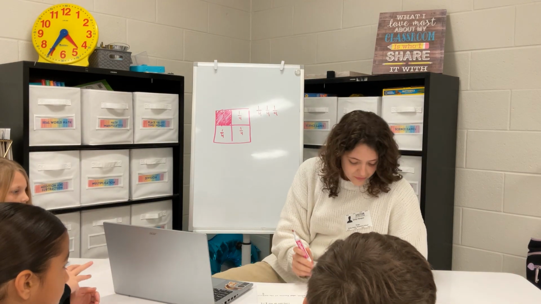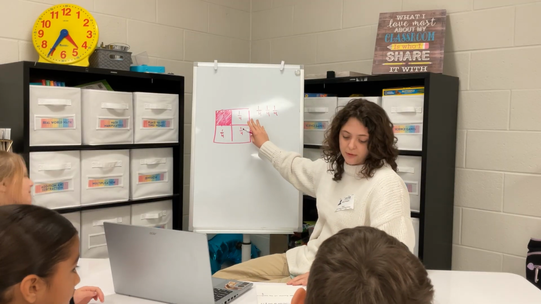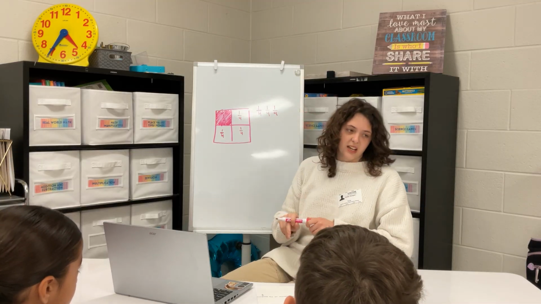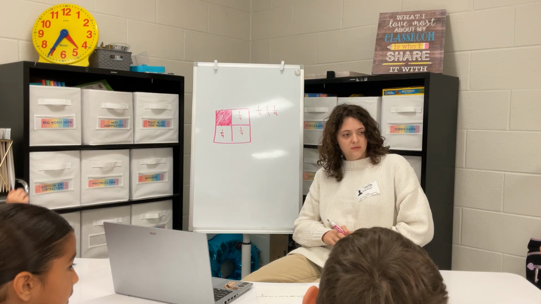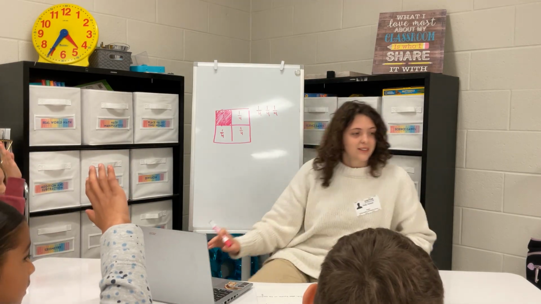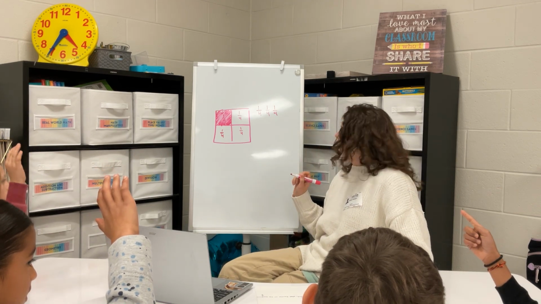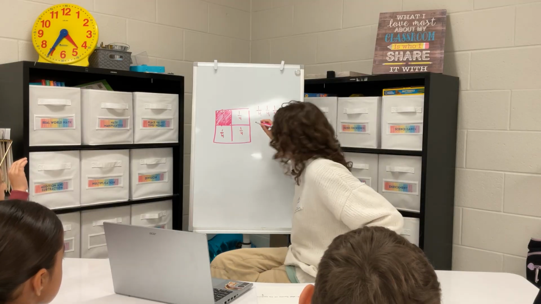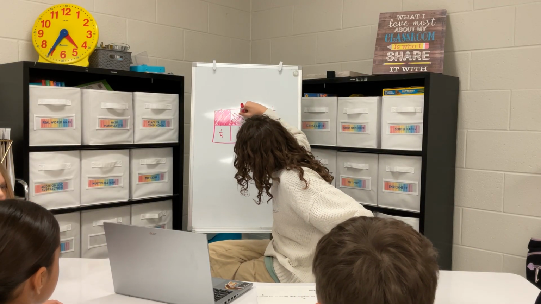Do you want me to say it again? If you eat 2 pieces of the sandwich, this is the same sandwich, what fraction of the sandwich did you eat? It's okay, there's no wrong answers. You want me to color in the 2 pieces? So you're visualizing again. We're coloring that in.